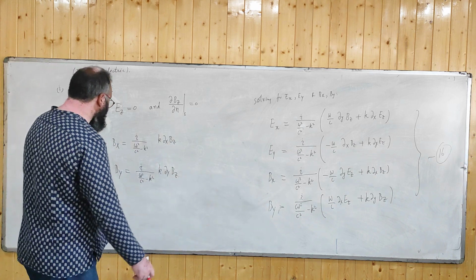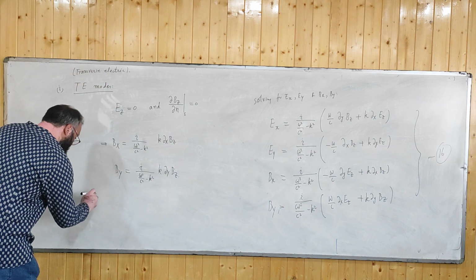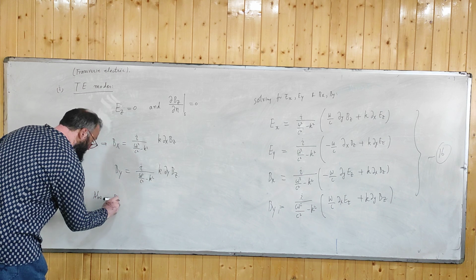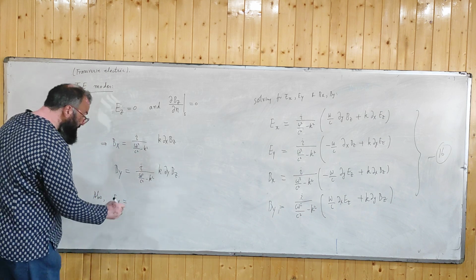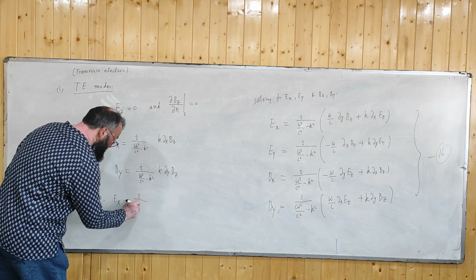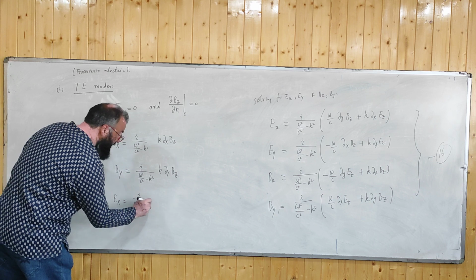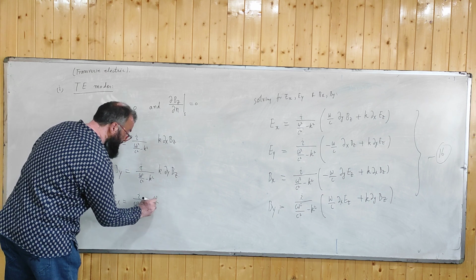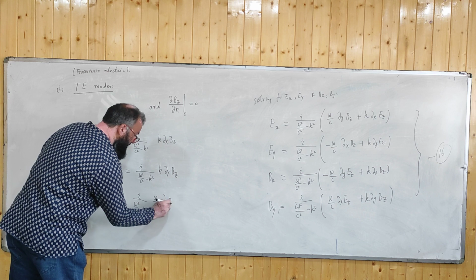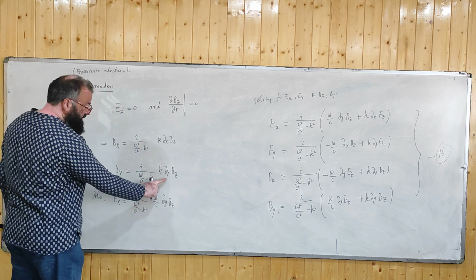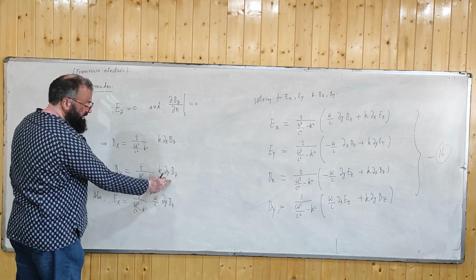Let's calculate Ex now. What is Ex? It's i divided by (omega square by c square minus k square) times omega by c partial y Bz. Now let's calculate partial y Bz from here.